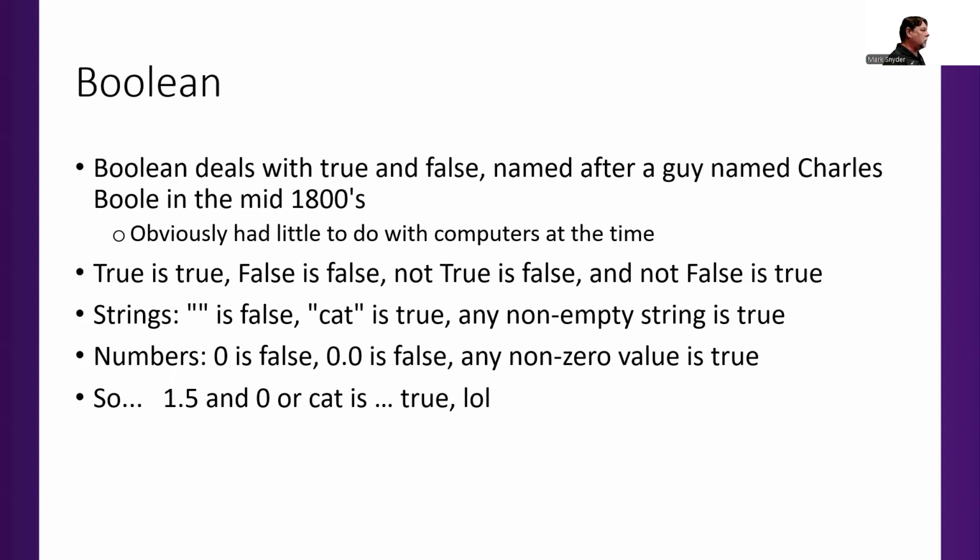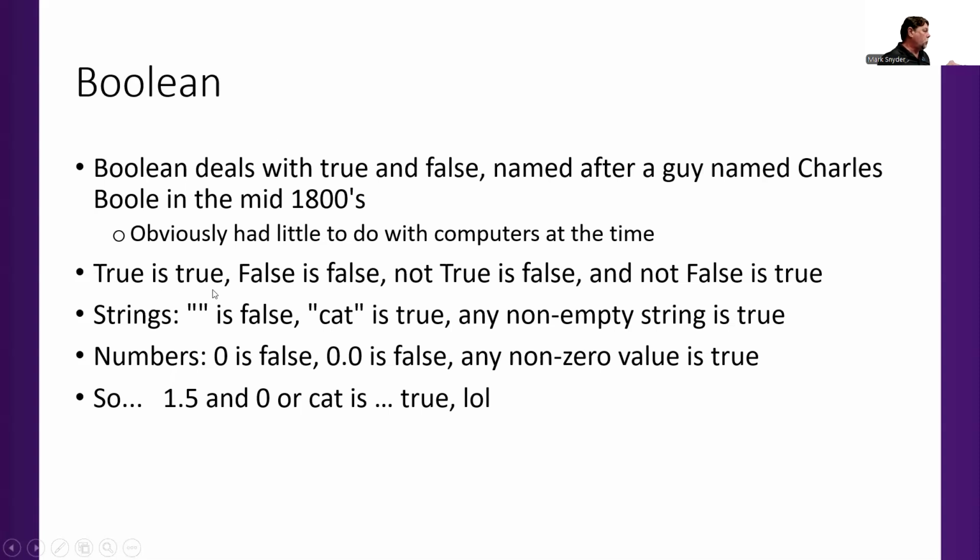Boolean logic is a branch of mathematics that deals with yes, no, true, false decision-making logic, and it has existed for a long time. There's all these rules: and, or, not, exclusive or, all that stuff was developed long, long ago. So there's these keywords that we have, true and false.